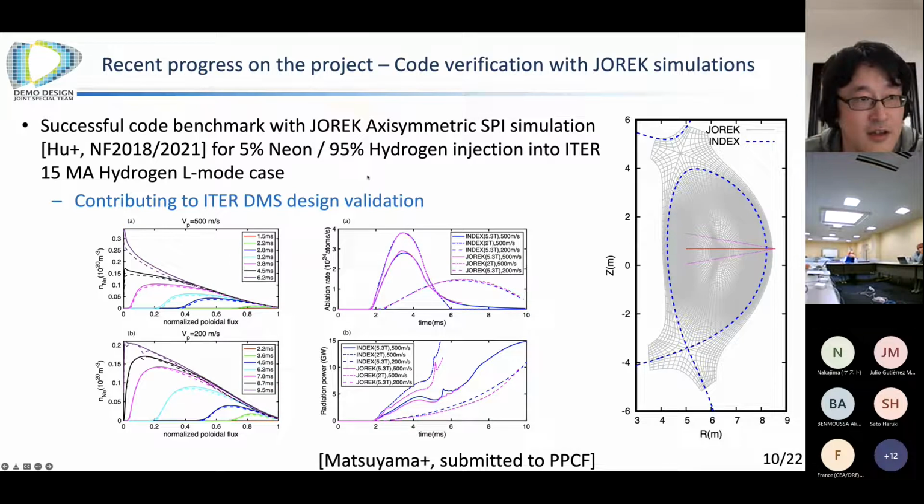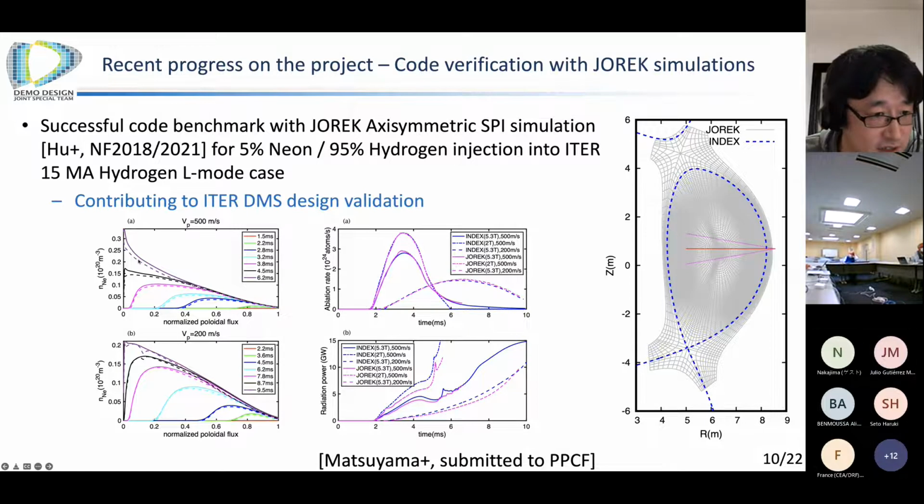We have focused on the benchmark between the codes, and we have achieved a successful code benchmark with the JOREK asymmetric SPI simulation for the standard pellet composition for ITER in the 15 megaampere hydrogen L-mode case. The top is a 500 meter per second case, and the bottom is a 200, relatively slow injection case.